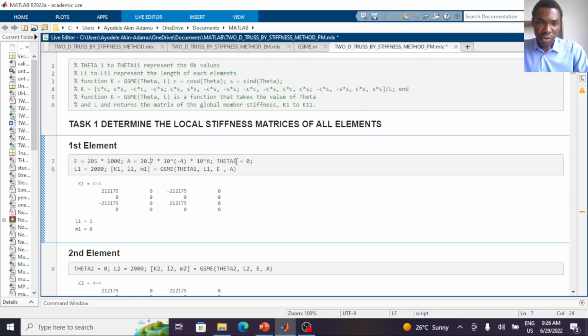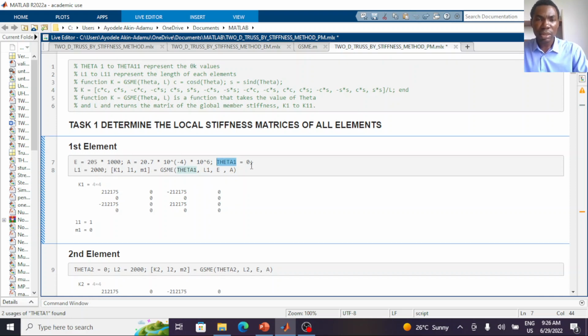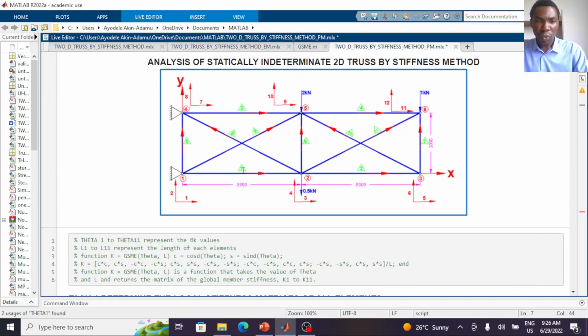I'm denoting my angle for element 1 as θ1. In our problem, θ1 is the angle for element 1. And since the arrowhead is pointing from node 1 to node 2 for element 1, I'll take my angle measurement from node 1, and since the element is completely horizontal, lying along the positive horizontal axis, theta is 0 for finite element 1.